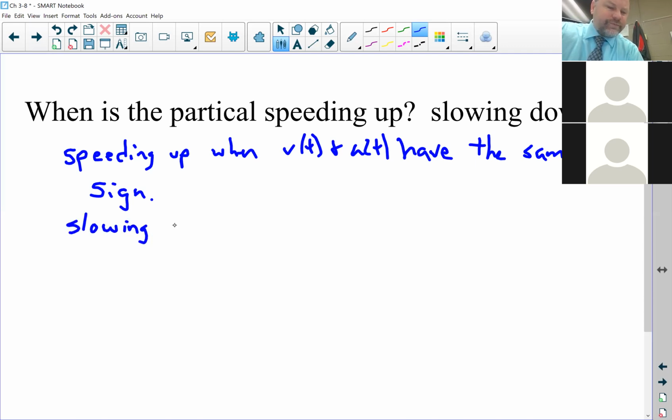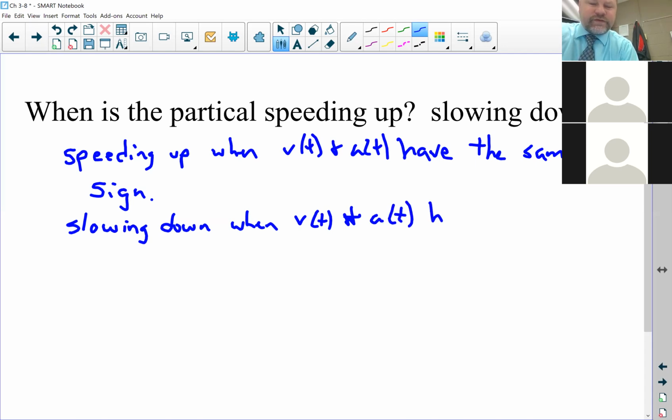Slowing down when velocity and acceleration have opposite signs.